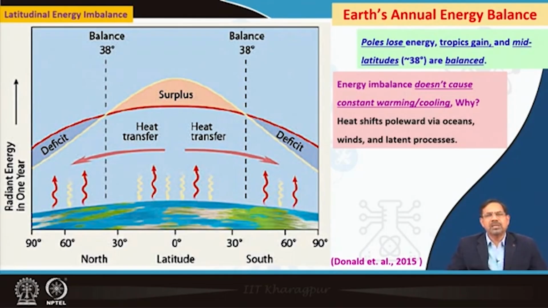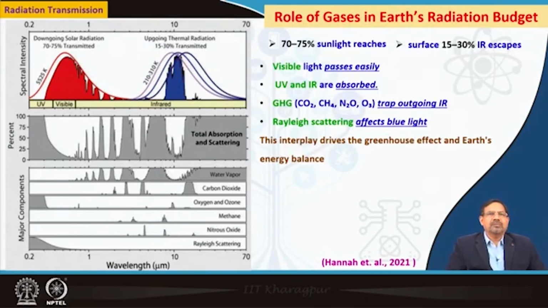You have wind and various latent heat exchange processes, right. So, this is what explains the latitudinal energy balance. Sometimes we say imbalance, and then it is getting balanced because of the transfer phenomena. So, this talks about the latitudinal variation.